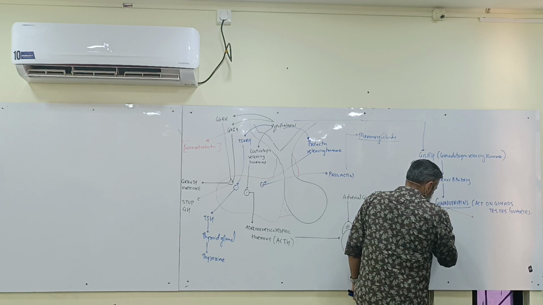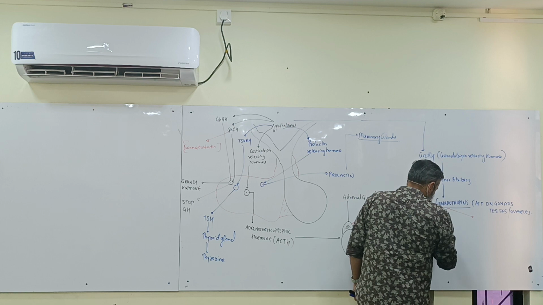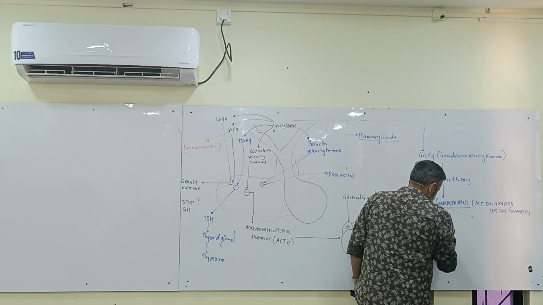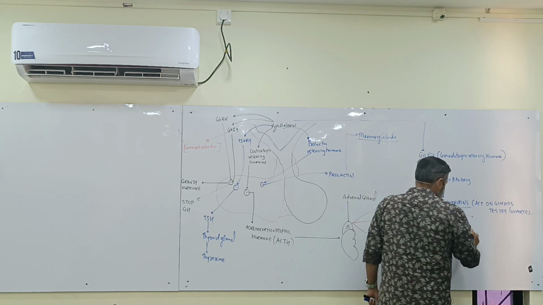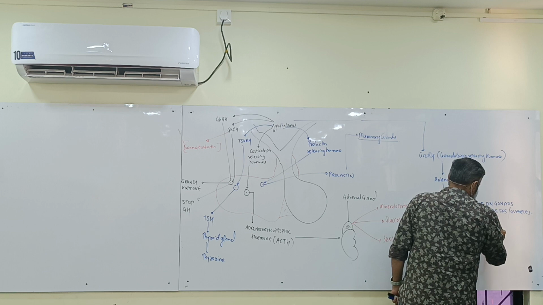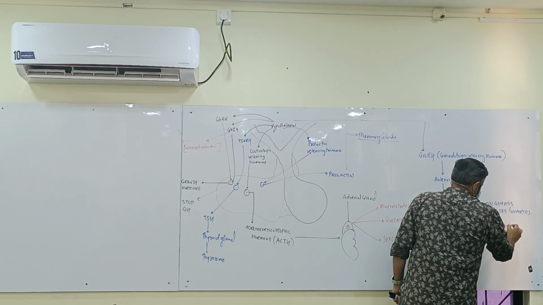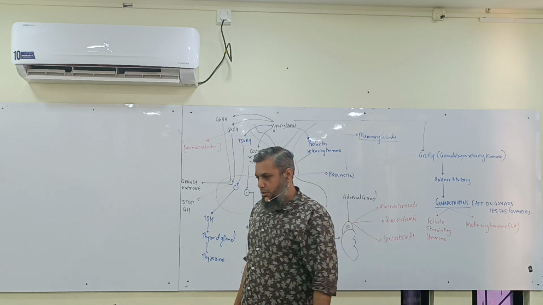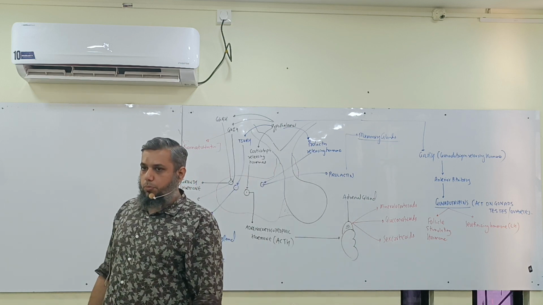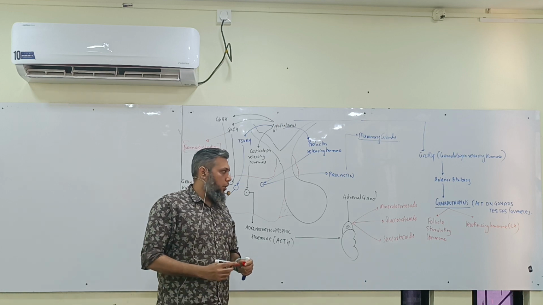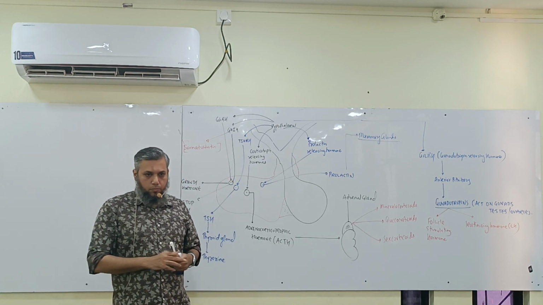One is follicle stimulating hormone and the other one is called luteinizing hormone, that is LH. FSH, that is follicle stimulating hormone, and LH, that is luteinizing hormone.